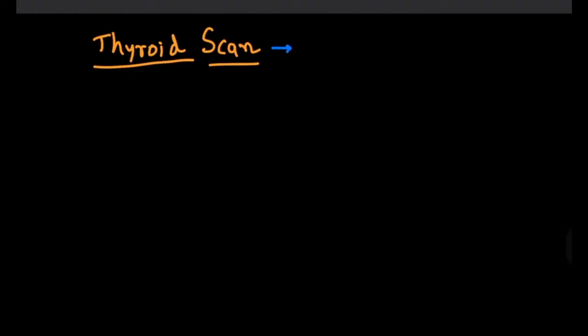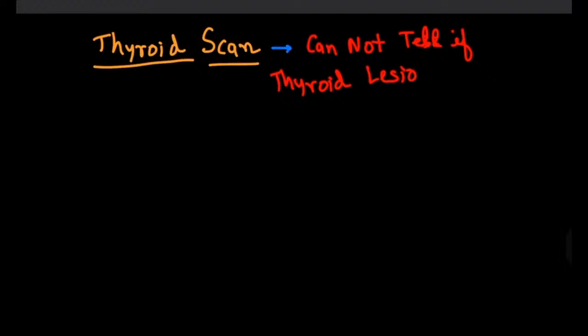Okay, it is a common misconception that thyroid scan helps us distinguish thyroid malignancy. It is no. Please understand, thyroid scan cannot tell if a thyroid lesion is malignant or not.